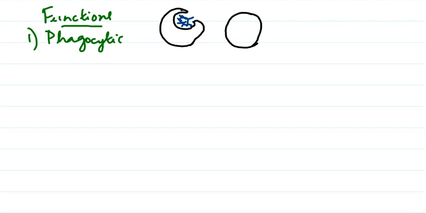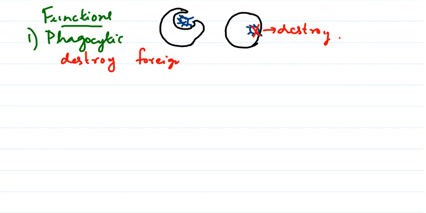After that, they will digest and destroy them. This kind of function, the phagocytic function, where the cell destroys foreign organisms, is seen in neutrophils and monocytes.